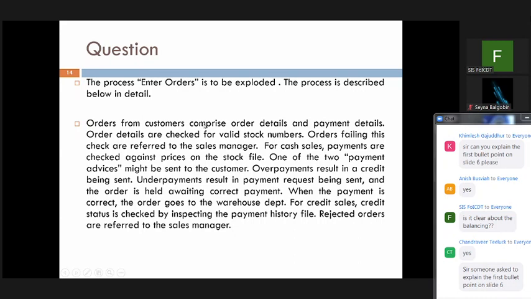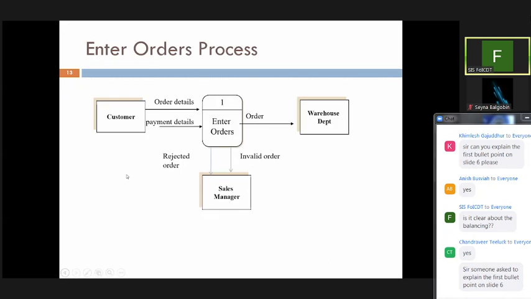Sir, can you explain the first bullet point on slide 6? Slide 6. If a new external entity is needed under explosion, it is generally regarded as being... yes, I told you.